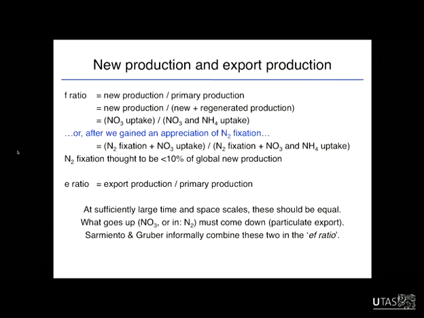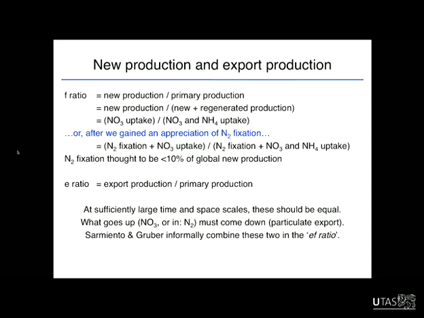Okay, so that was just defining a few terms, and another term that we use is new production. I was just talking about primary productivity, net primary productivity, and net community productivity. We use the term new production to quantify the amount of productivity that's stimulated by the input of nitrate into the system.